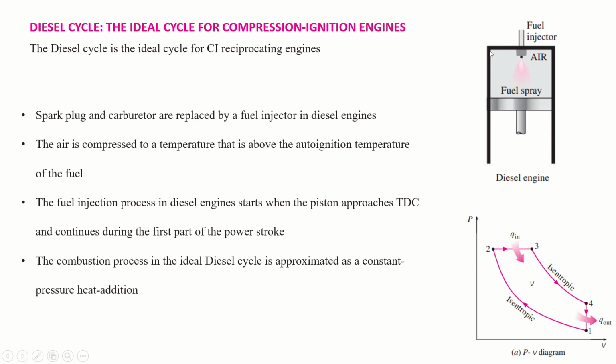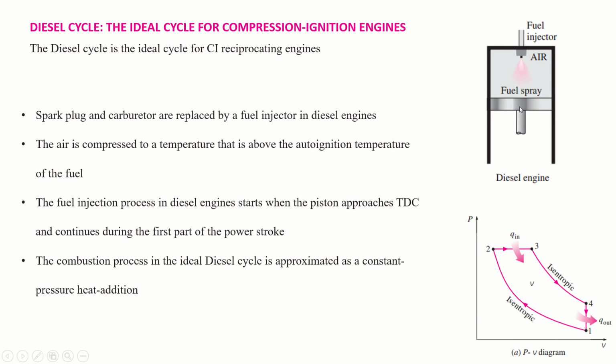compression ignition engines in which there is no spark plug. You can see here that it is fitted with a fuel injector instead of a spark plug. So fuel is ignited in this engine by the compression of gas.